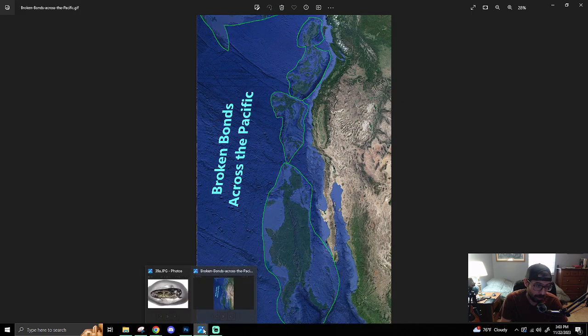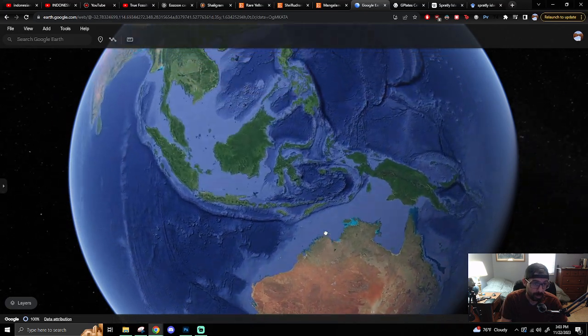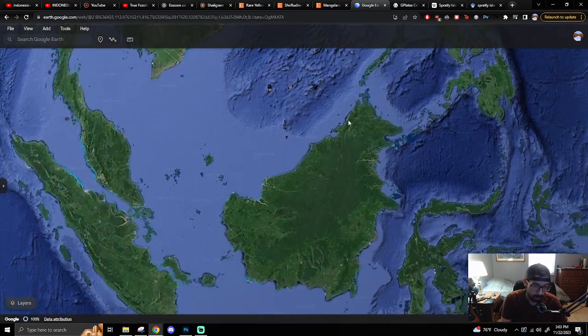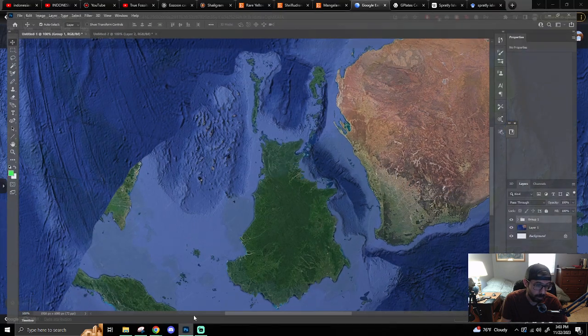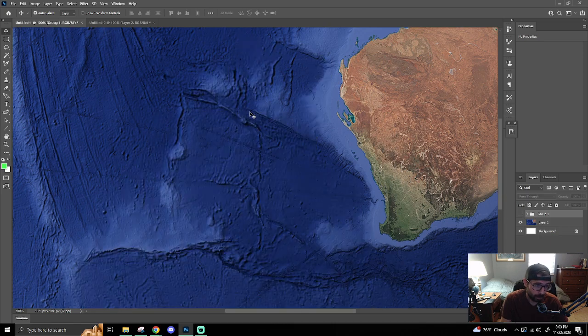Okay, with that in mind, let me close all windows there. We're going to look at Spratly Islands, which is adjacent to Borneo. So recently I made this. I don't know how I feel about it exactly in terms of if it's precise enough, but I was talking about how Spratly Islands seem to be generally between this and this structure.